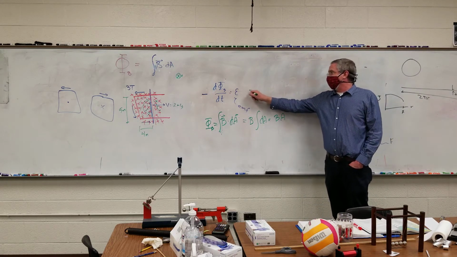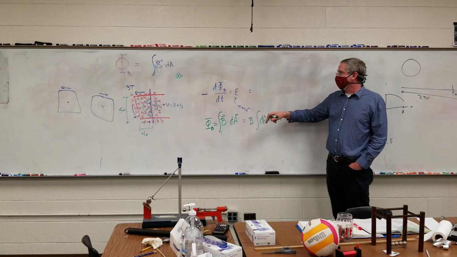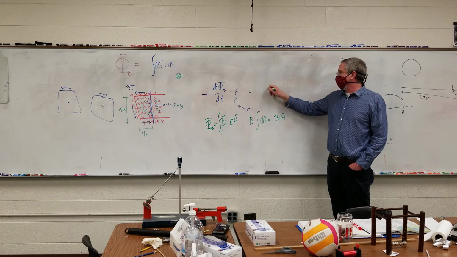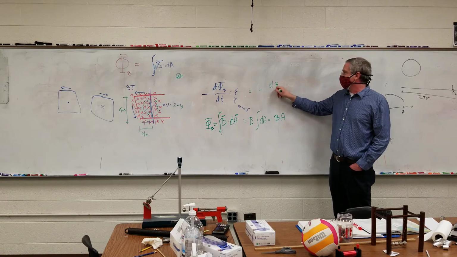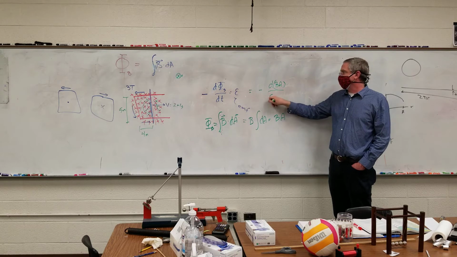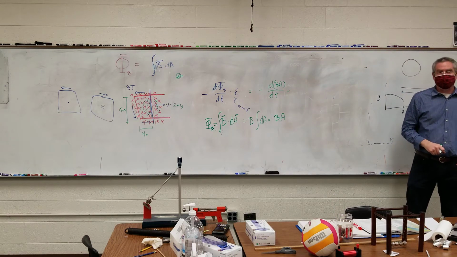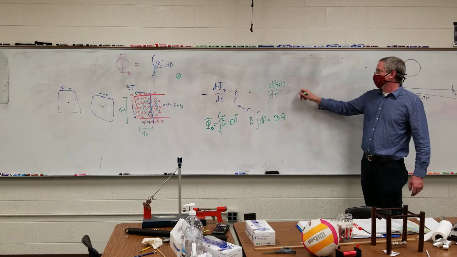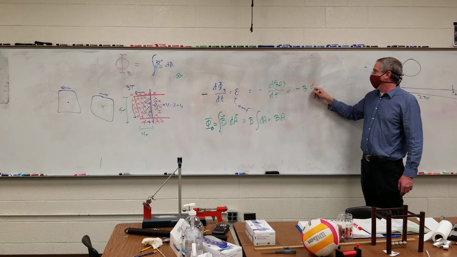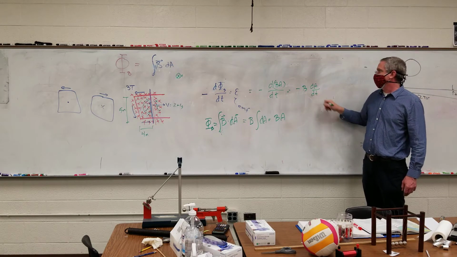So now my induced voltage, or the induced EMF, becomes negative d(BA)/dt. My magnetic field is constant, so the derivative, that just pops out, so negative B dA/dt.